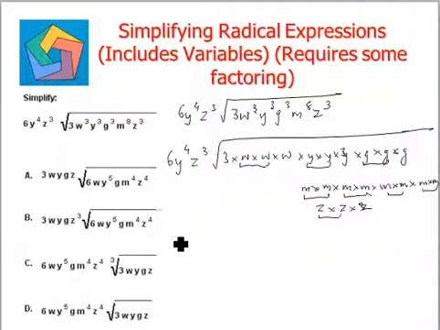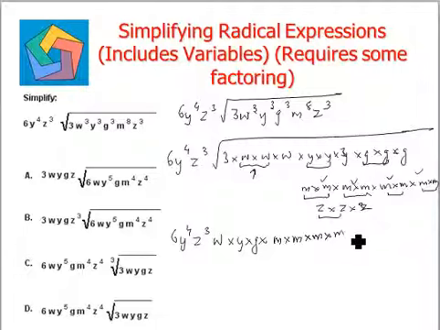So we start pulling out: 6 y to the power of 4 z cubed, 2 w's to make 1 w, 1 y, 1 g, then we have 1, 2, 3, 4 m's, and then 1 z. Inside we are left with 3 w, y, g and z. All the m's have come out.